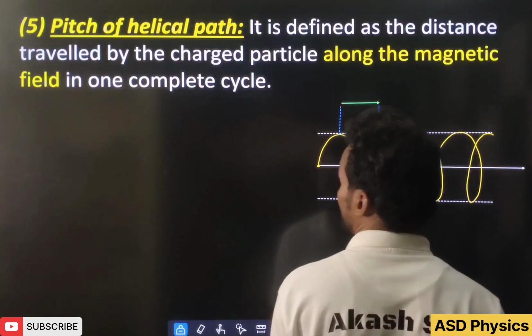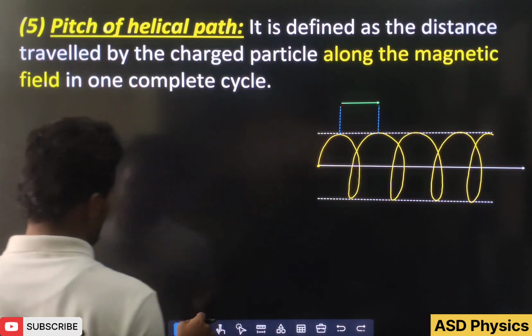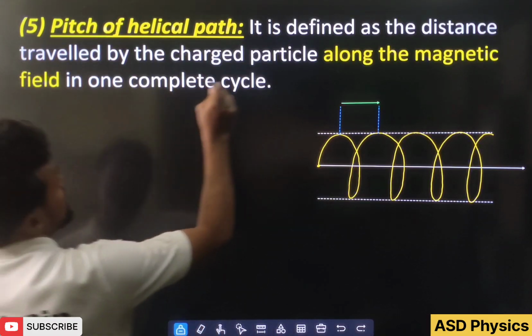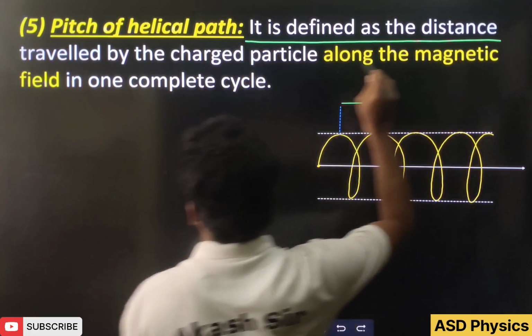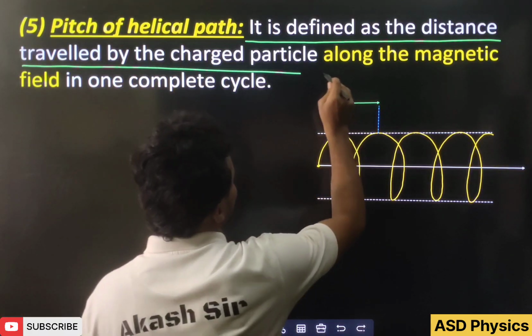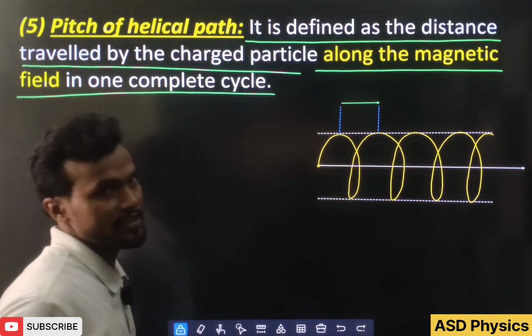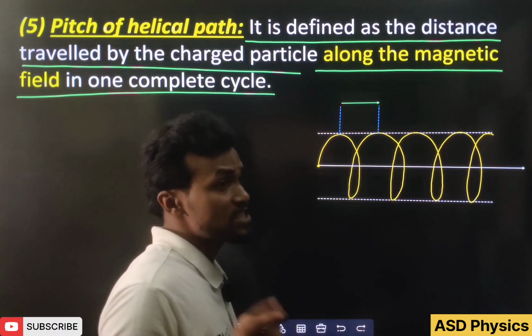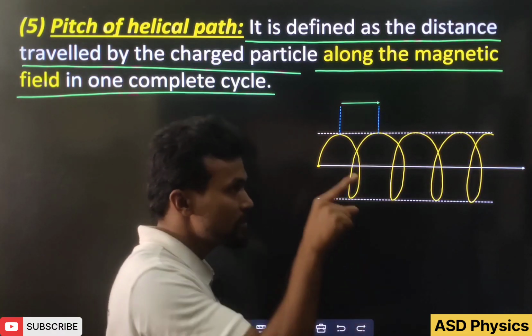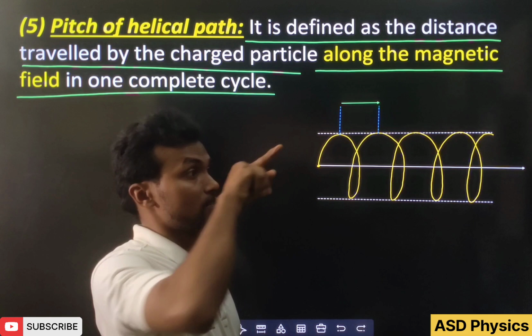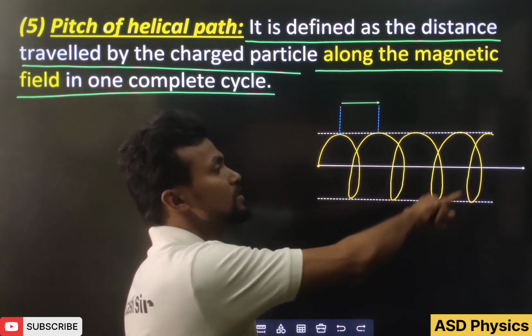Okay? Remember that. Next, students, the pitch. Very important term. It is defined as the distance traveled by the charged particle along the magnetic field in one complete cycle. Okay. So what will happen here? Straight line path and circular path together: the charged particle, just like a spring, will move in a helical path.